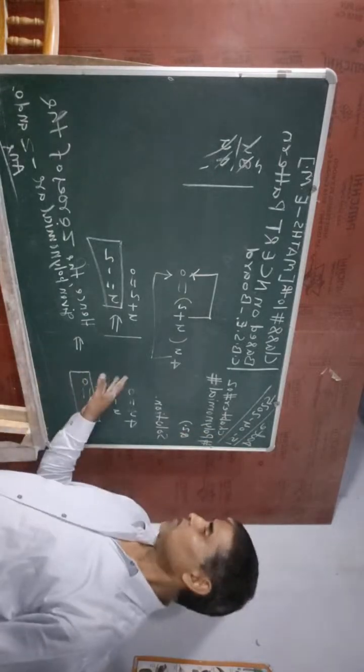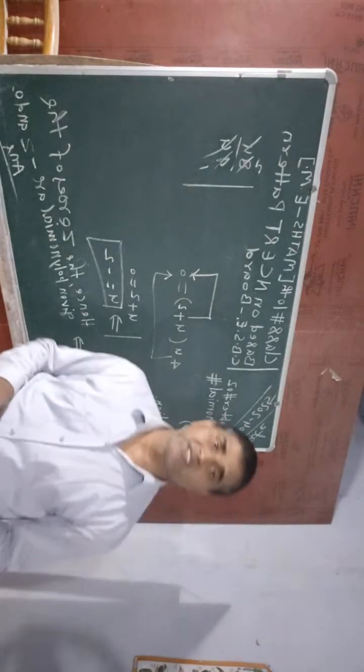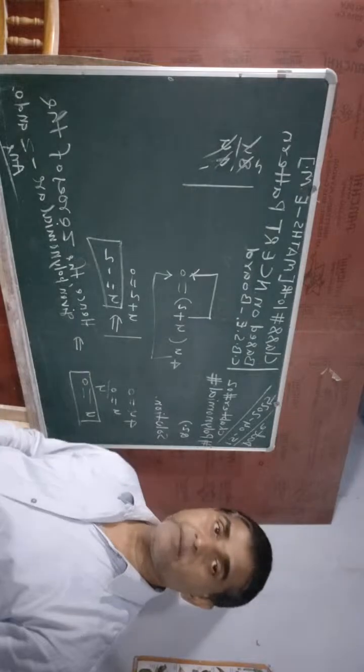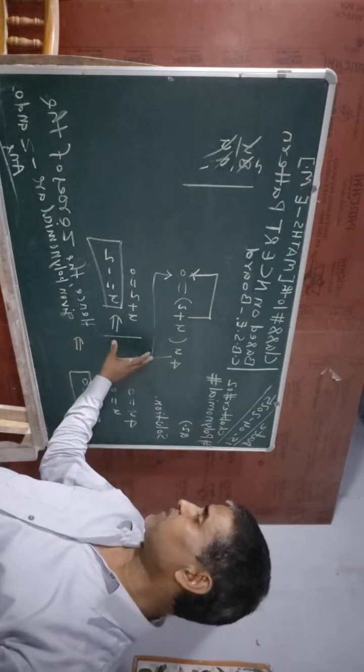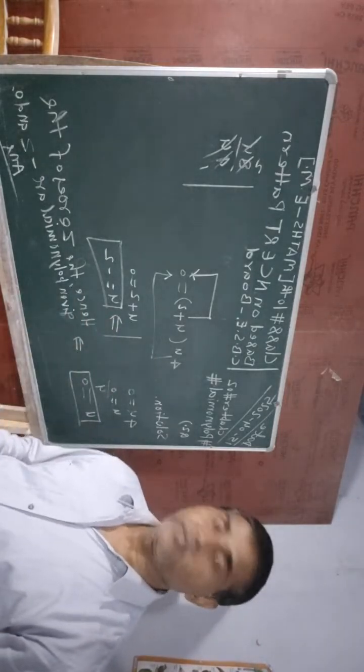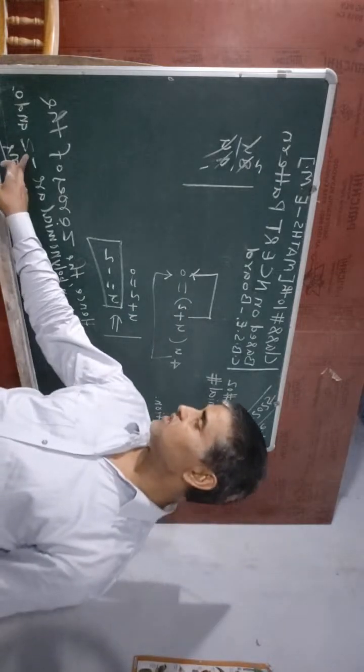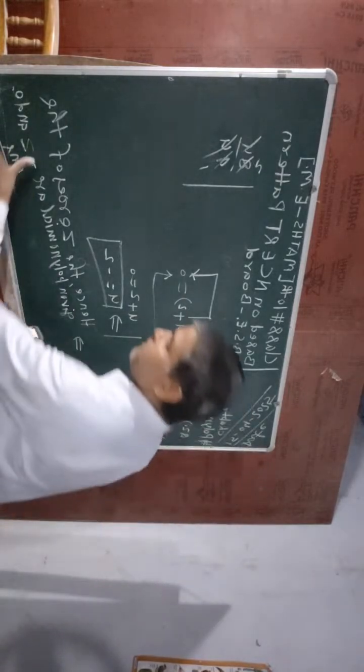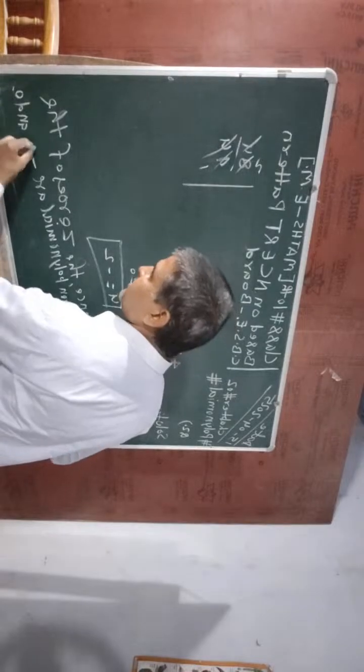Okay student, so the polynomial has been given and I have got the zeros of that polynomial. One zero is minus 2 and the other is 0.